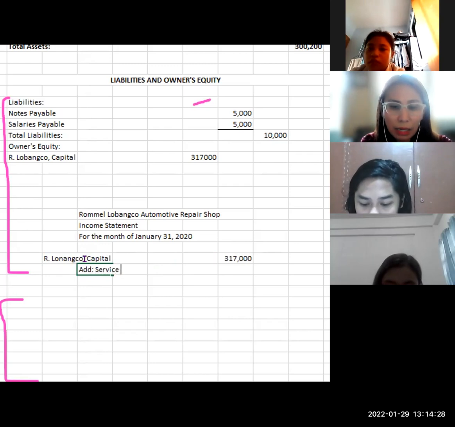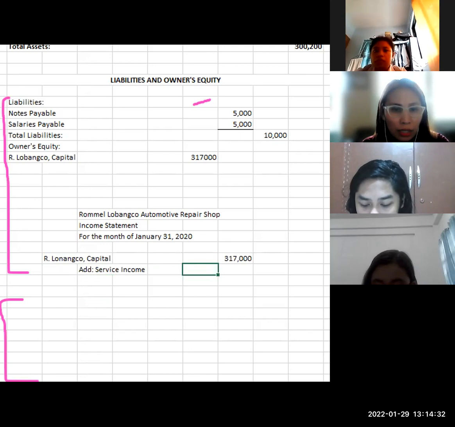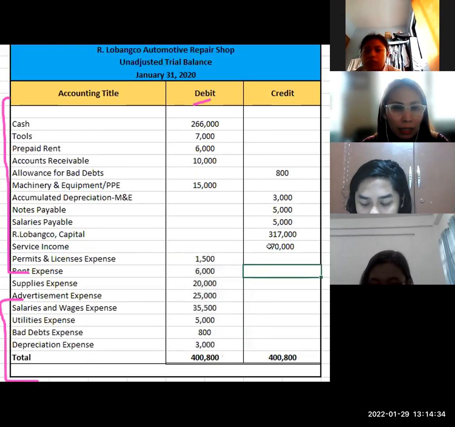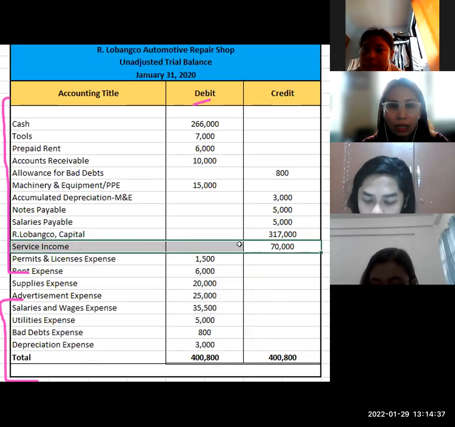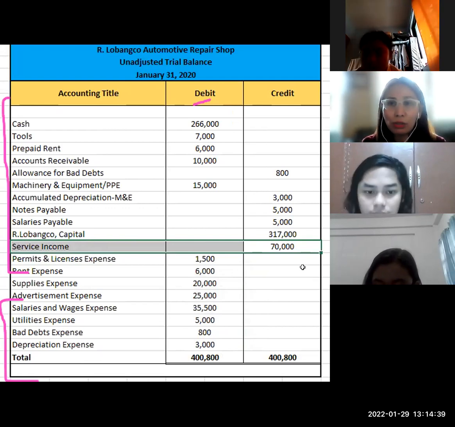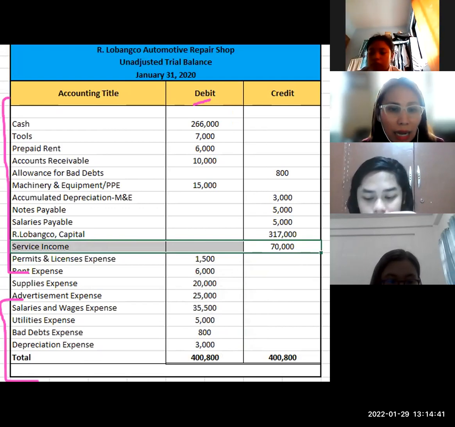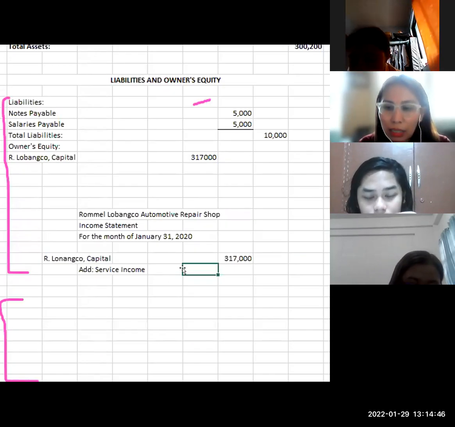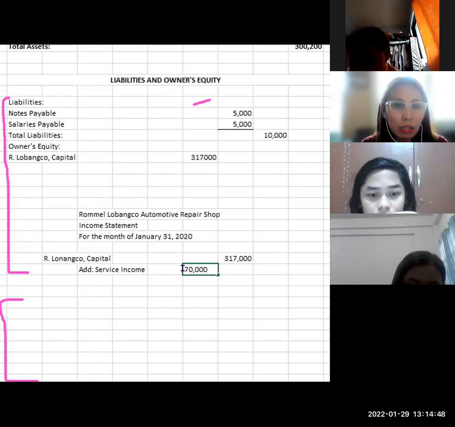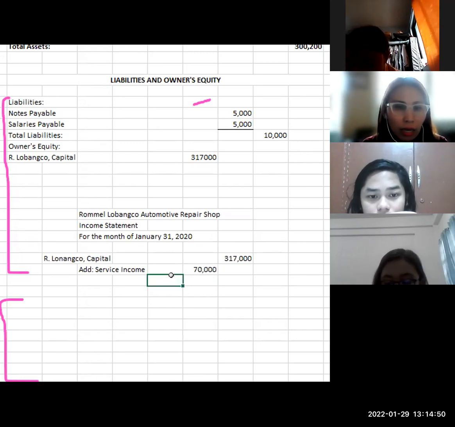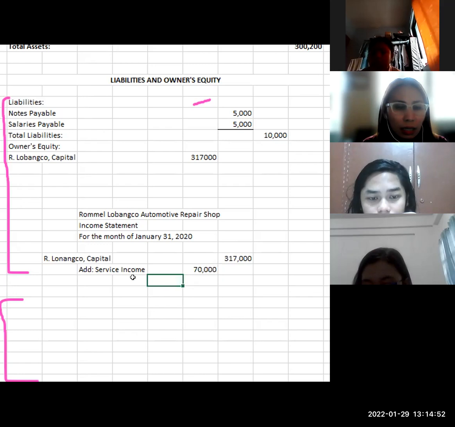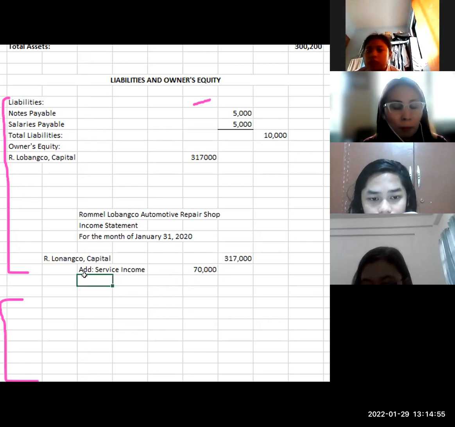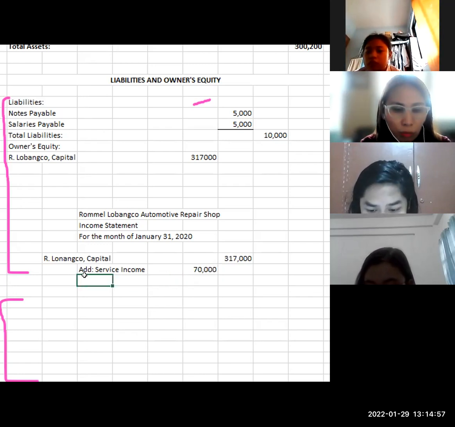Ano yung add natin? Service income. How much is our service income? Sige, punta tayo sa ating trial balance. Ito, 70,000, right? 70,000 pesos. Ayan. So, add natin yan. Yan ang effect on the capital. Add 70,000 pesos. Okay. Add natin yan. And then we have the, we will call this one.